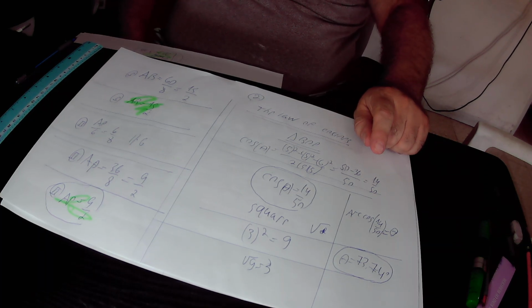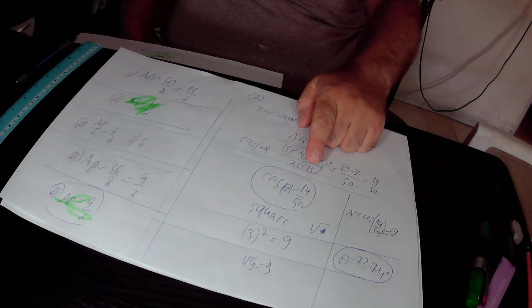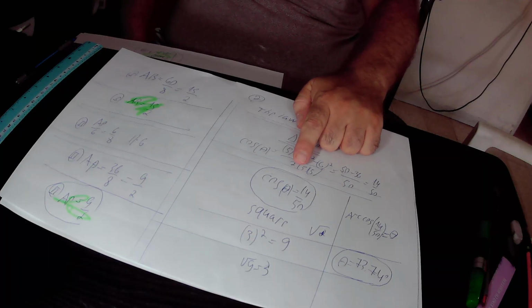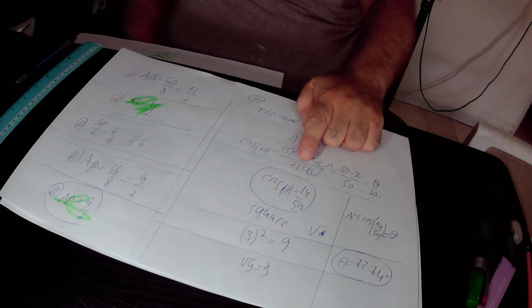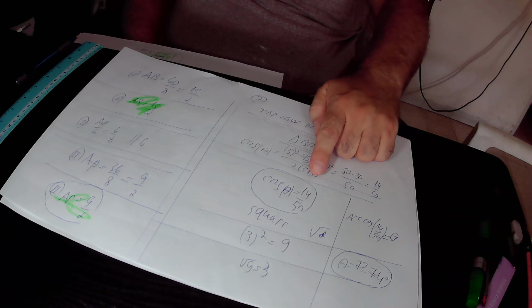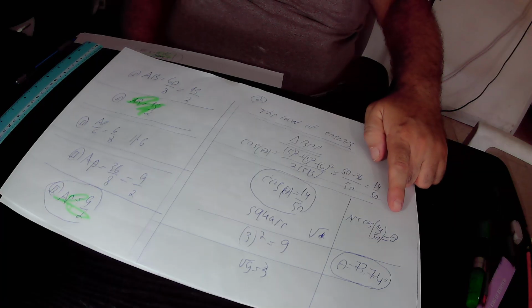According to the new rule, cosine theta equals 14 over 50. We would like to get angle theta back, yes? Therefore, we have to operate the inverse function of cosine, that is arccosine, on the result, 14 over 50. In this way, we get angle theta back again.